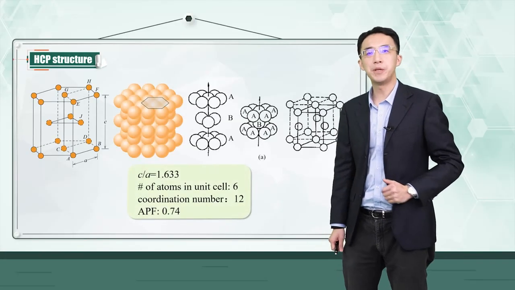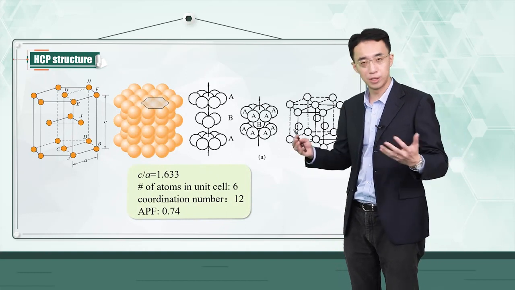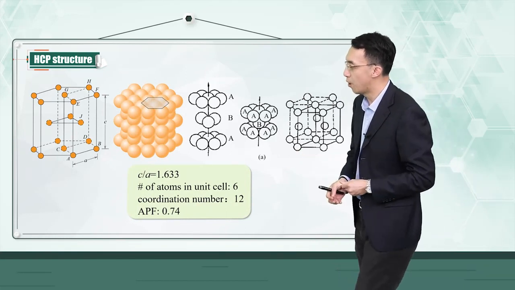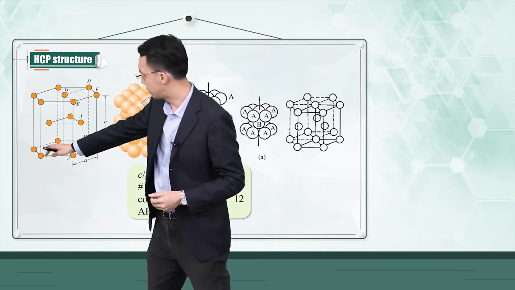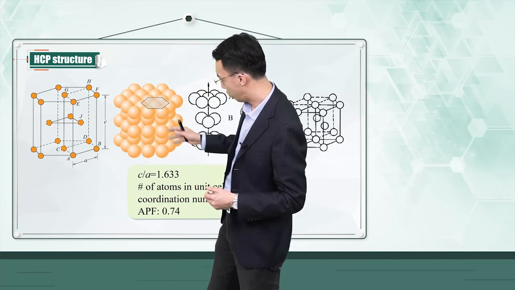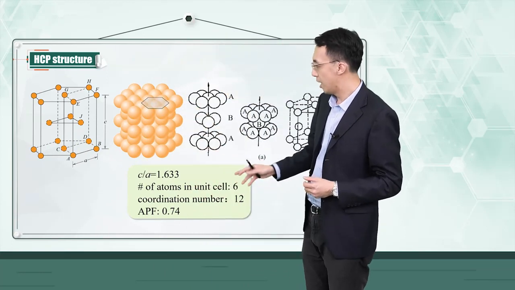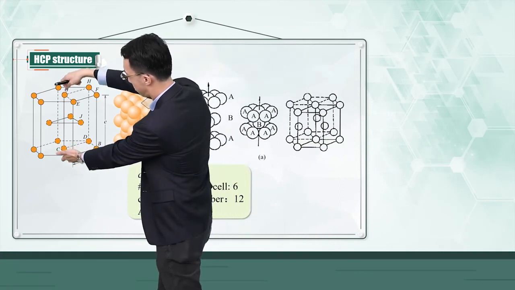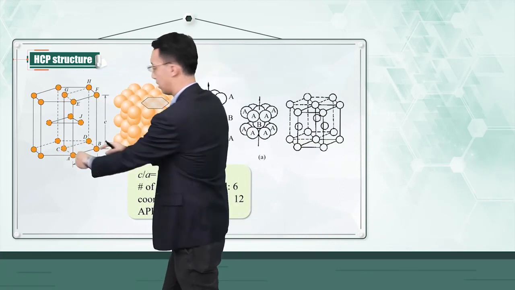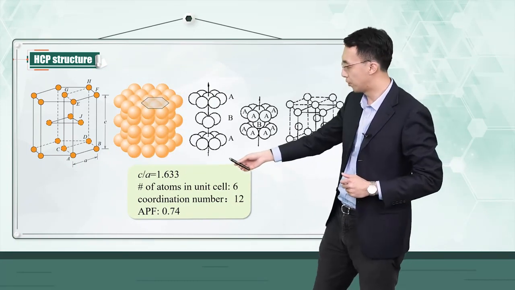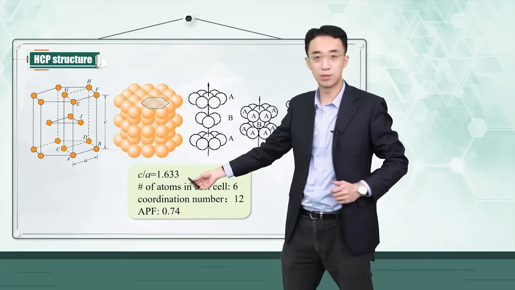And for HCP structure, the geometry is relatively more complex. For HCP structure, you have this hexagonal type symmetry where you have essentially two lattice constants, which are C and A. C is your lattice constant in this direction. A is your lattice constant in this direction. So for HCP structure, you have a fixed C over A ratio of 1.633.